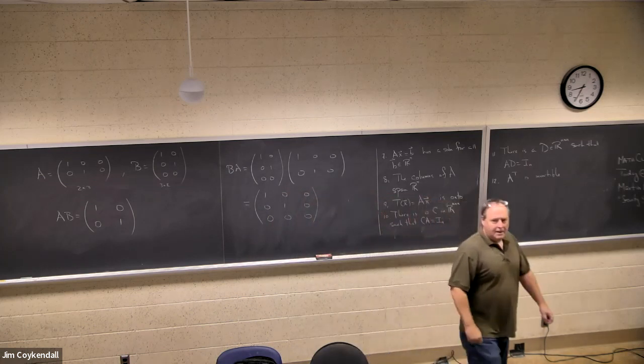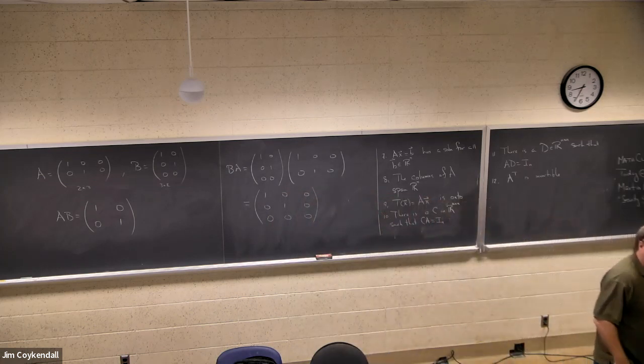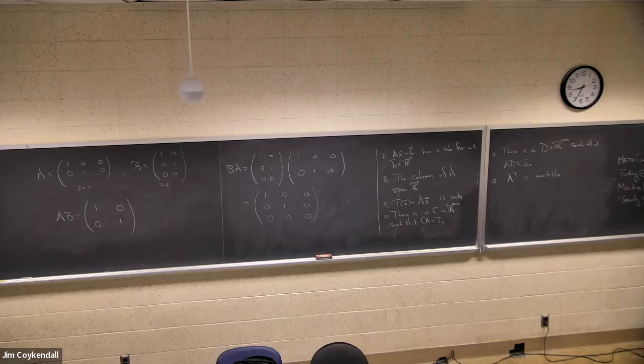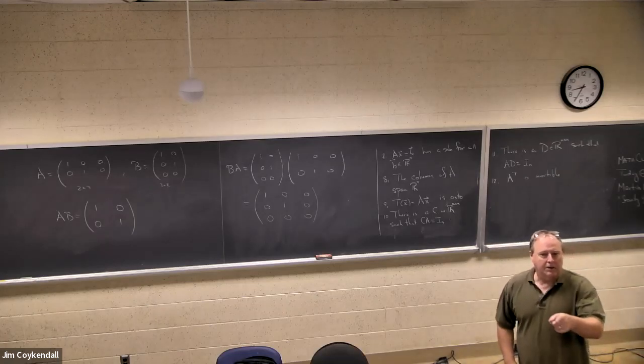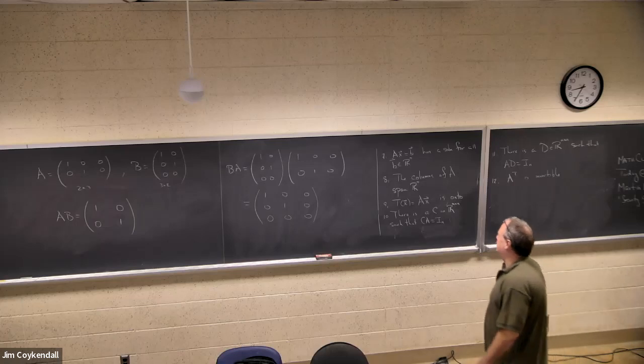Now, when you multiply in the other direction, you get a 3 by 3 matrix. This one is not invertible because it's short of a pivot. Right? Okay, did that address it? Yes. Okay.